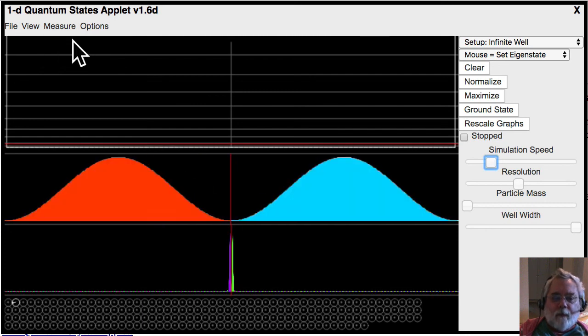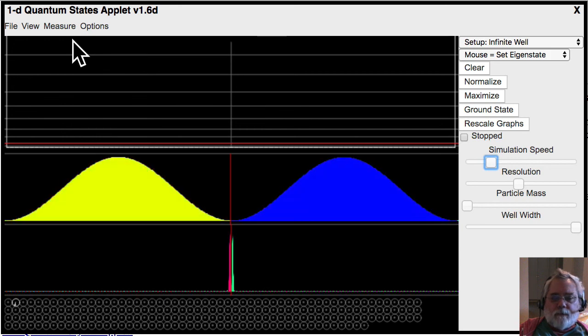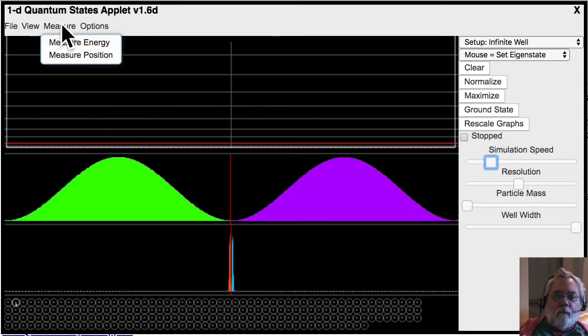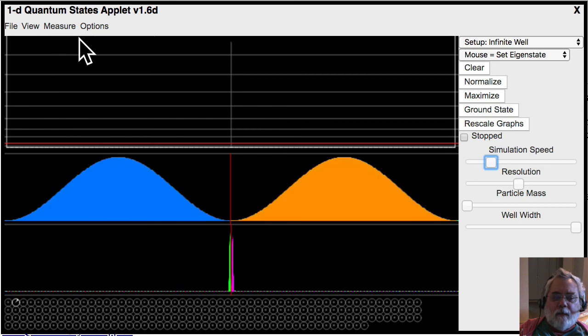When we do that, we collapsed to, in this case, the first excited state. Now, if we remeasure energy, we can remeasure energy all we want, and we're in an energy eigenfunction now, so measuring energy is not going to change anything.